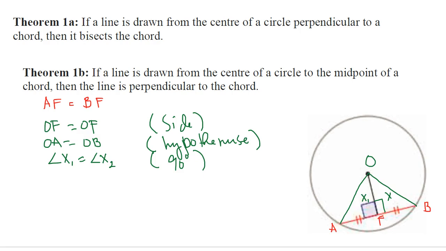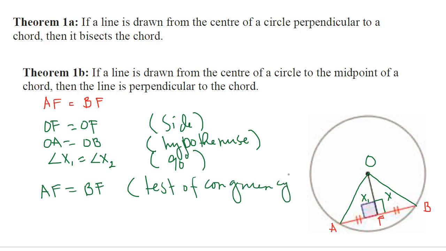That means AF is equal to BF according to the test of congruency of triangles. Now we have written a proof for Theorem A1A.